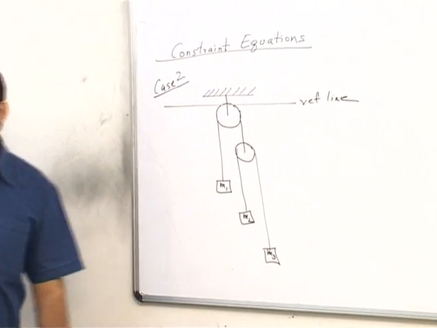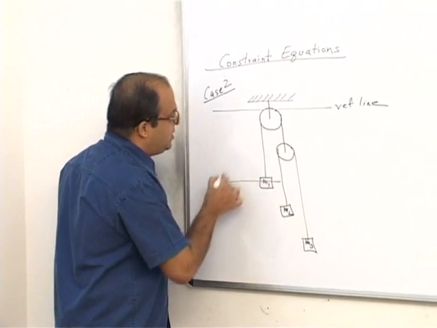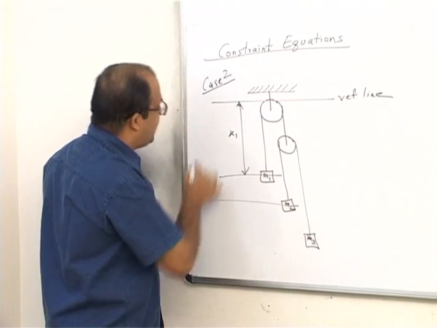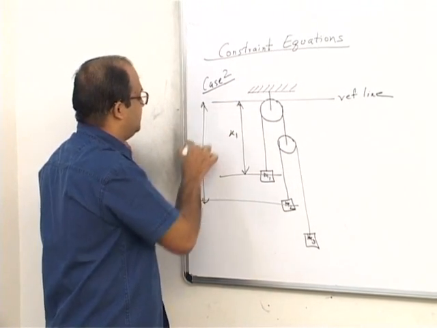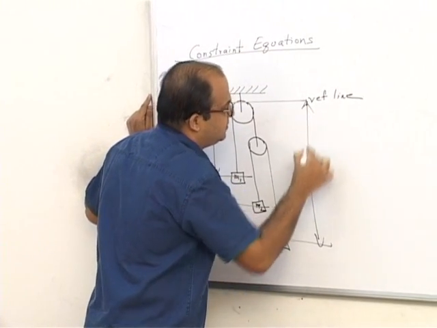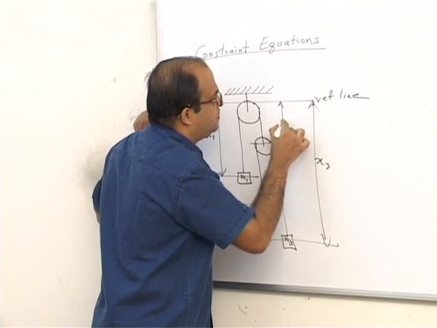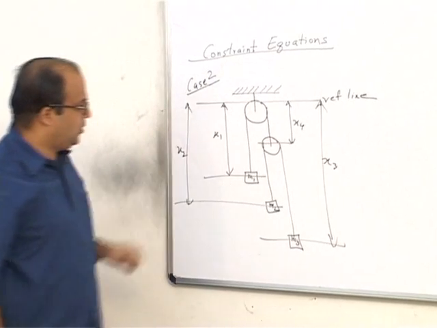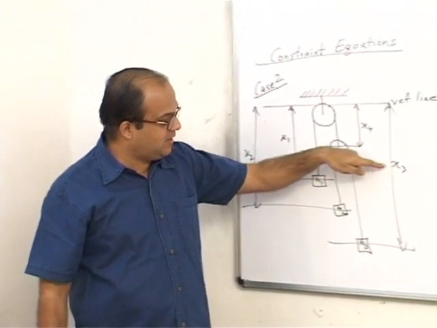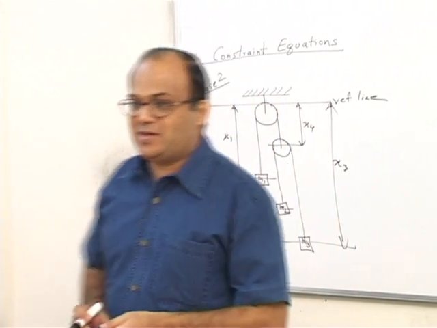All distances are measured from the reference line. Call the distance to M1 as x1, distance to M2 as x2, distance to M3 as x3, and distance to this pulley as x4. Okay, x1 relates to M1, x2 to M2, x3 to M3. If you follow this nomenclature, life will be simple.